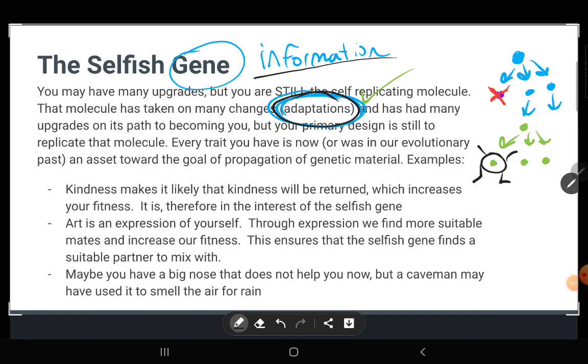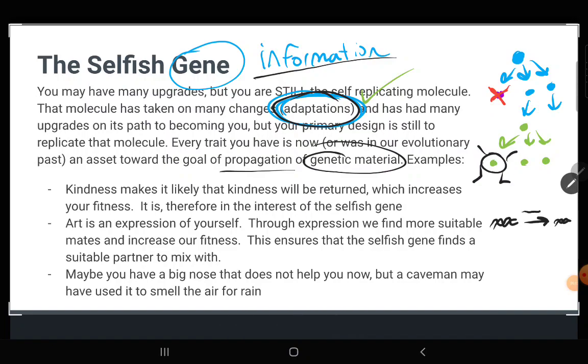So almost everything that you can think of that a person does, an animal does, is centered, at least today or in the past, around fitness of that organism and fitness of that genetic material, the propagation of that genetic material. You can think of it like, we have our genes, and those genes have to get to the next generation in order to stay immortal.